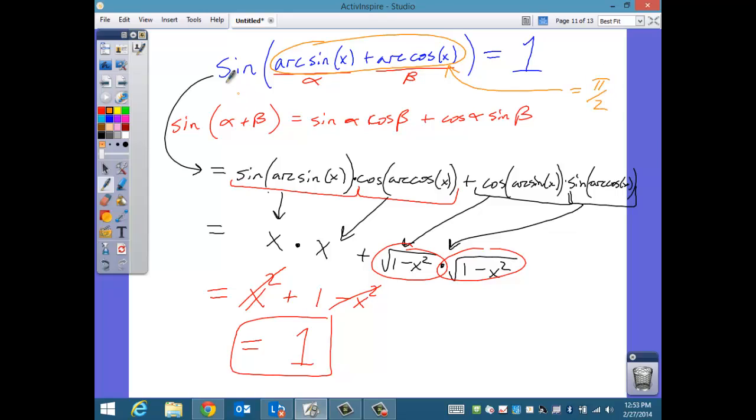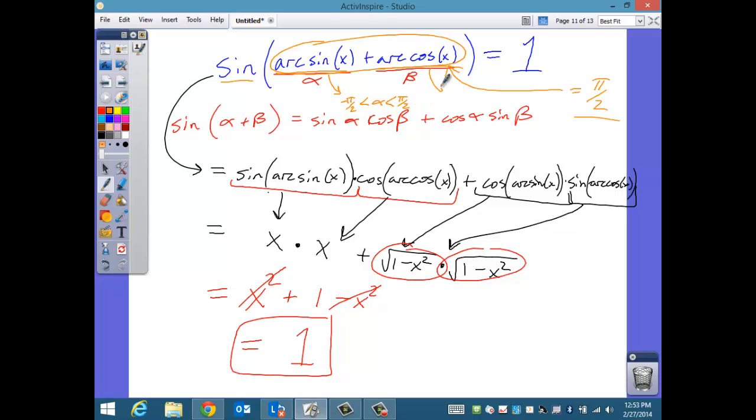The sine of pi over 2 is equal to 1. And sure, there's more than one angle, right? Because there are coterminal angles that also have a sine of 1. But this is the only one that it could be because it's made up of an arcsin and an arccos. Arcsin doesn't just give you any angle. Remember, arcsin only gives you angles between negative pi over 2 and pi over 2.